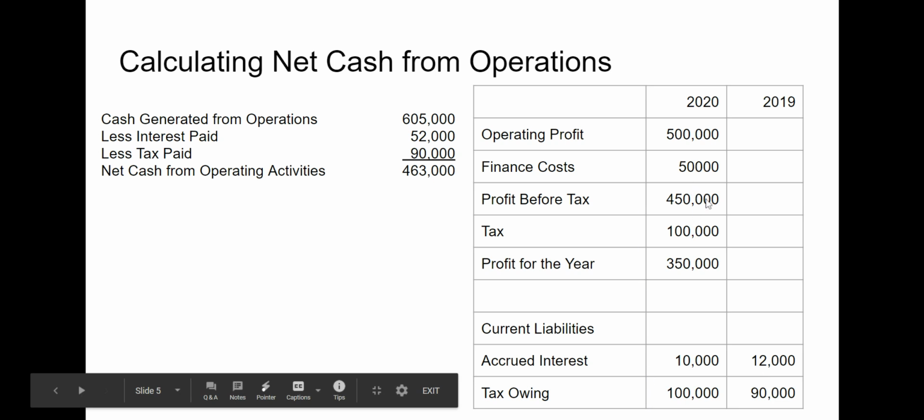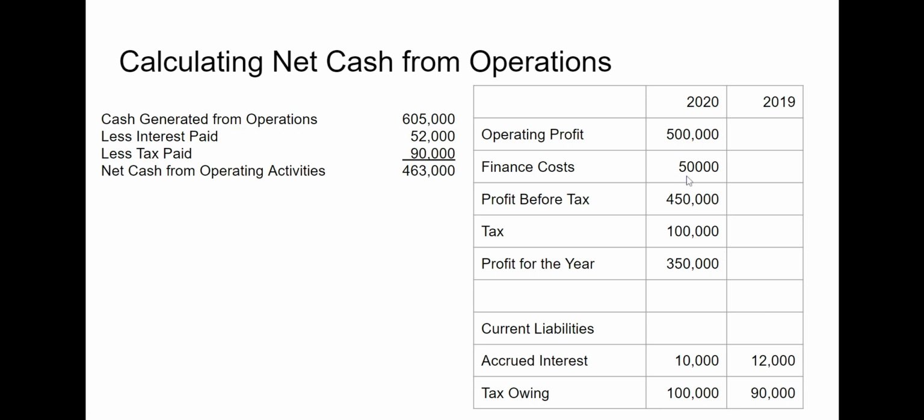The bit that I do want to focus on just very briefly is how we calculated the interest paid. And here we've got 12,000 of accrued interest as an expense from last year. So that will have been paid this year. So I start with the 12,000, I would add on the 50,000 that I've got in my finance costs to give me 62,000.